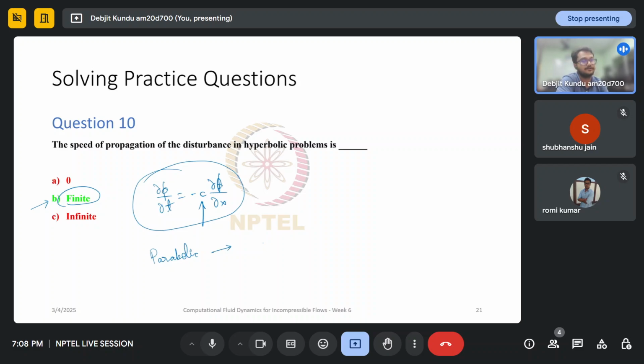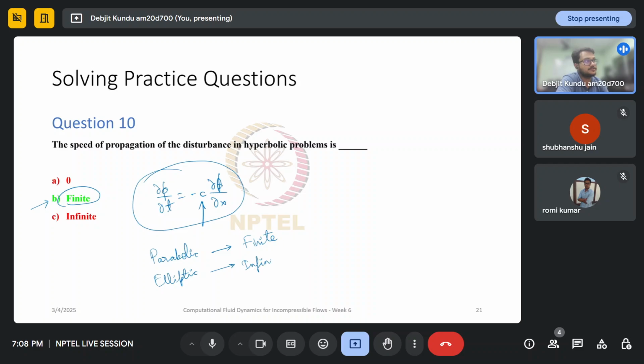Is it finite, infinite, zero? This is actually finite as well. But for elliptic problems, the speed of propagation is infinite.